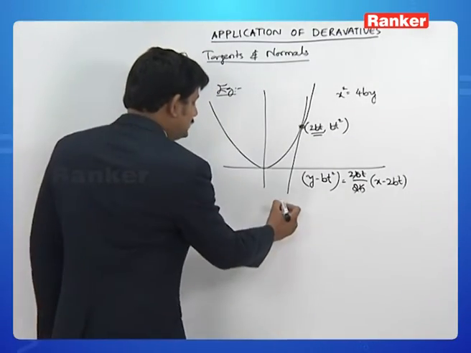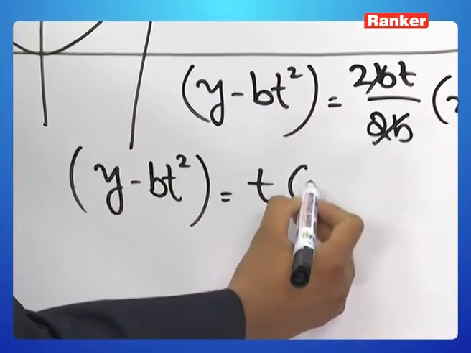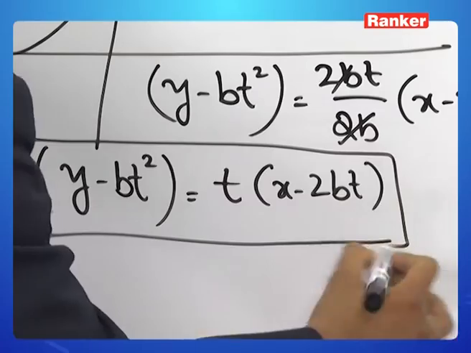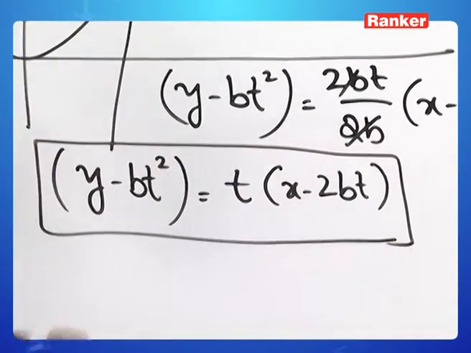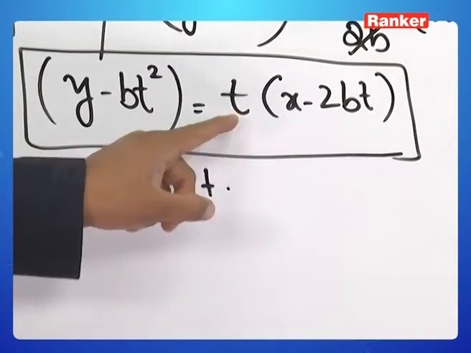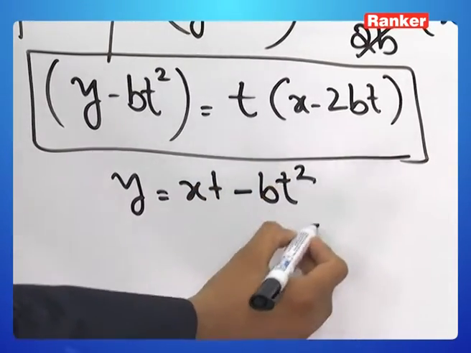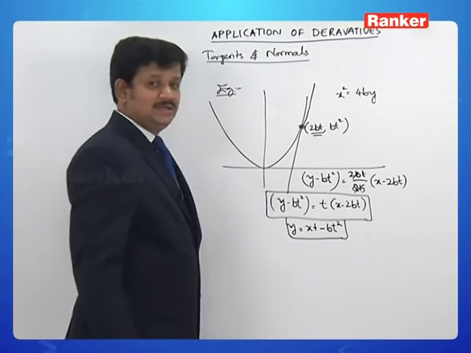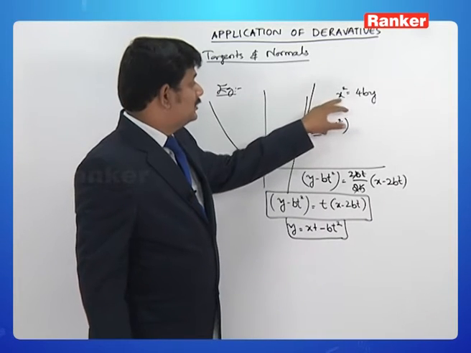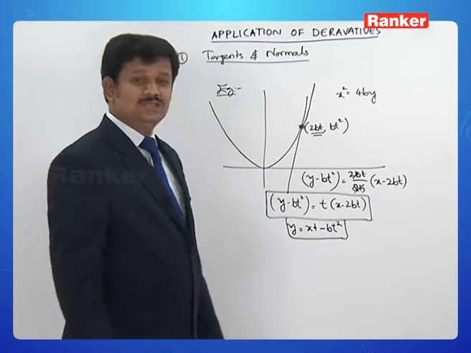So, the equation of the tangent is given by y minus bt square is equal to t into x minus 2bt. We can simplify this further. Y equal to xt minus bt square, and minus 2bt square here, plus bt square, so the minus bt square gets cancelled, leaving minus bt square. So, the equation of the tangent at any point whose parametric coordinates are (2bt, bt square) on the curve x square is equal to 4by is y is equal to xt minus bt square.